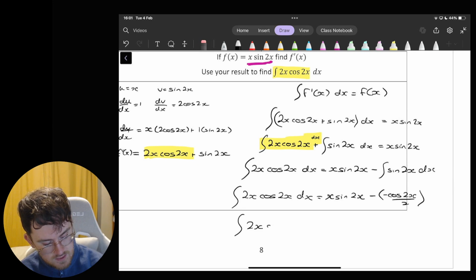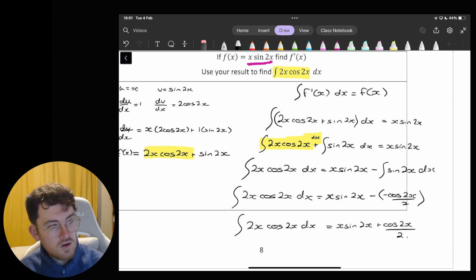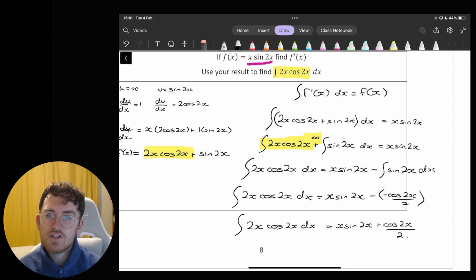So the integral of 2x cos 2x dx equals x sine 2x plus cos 2x over 2. Okay, and that's my overall answer. So without actually integrating a product, I've used a different relationship to help me find the integral of 2x cos 2x using the relationship that I had with the original function from the first part of the question.